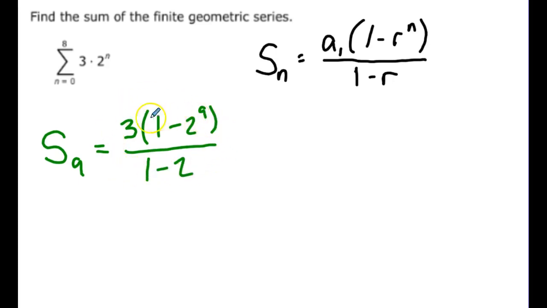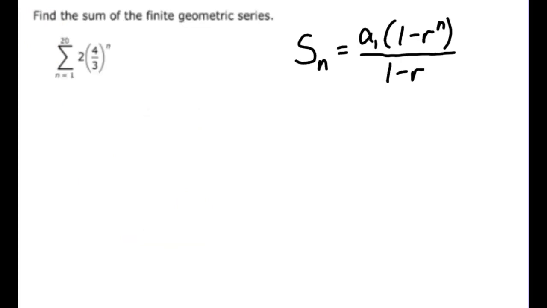When we're filling this in, you're probably going to use a calculator at this point, make sure you're using parentheses around this whole numerator and parentheses around the denominator if you don't simplify it right away. Otherwise, you're going to come up with a wrong answer. So if you type this in on your calculators, you should get 1,533 for the sum of this finite geometric series.